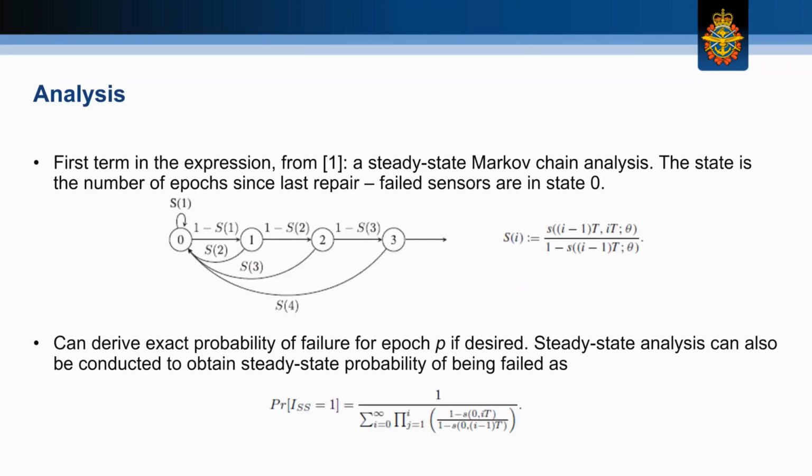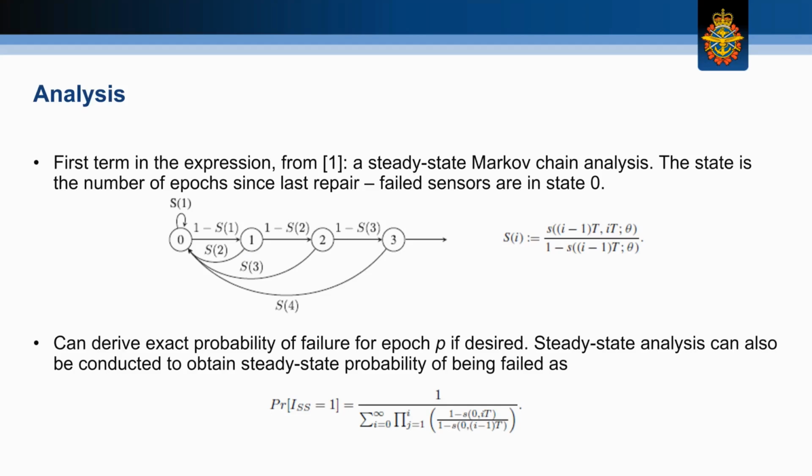one by one. So the first term was actually derived in the previous work and comes from a Markov chain analysis. If you look at the picture of the Markov chain there, it is an infinite Markov chain. I haven't drawn all of it, but state 0 means that that's 0 epochs since it was last repaired, which means it's in a broken state.